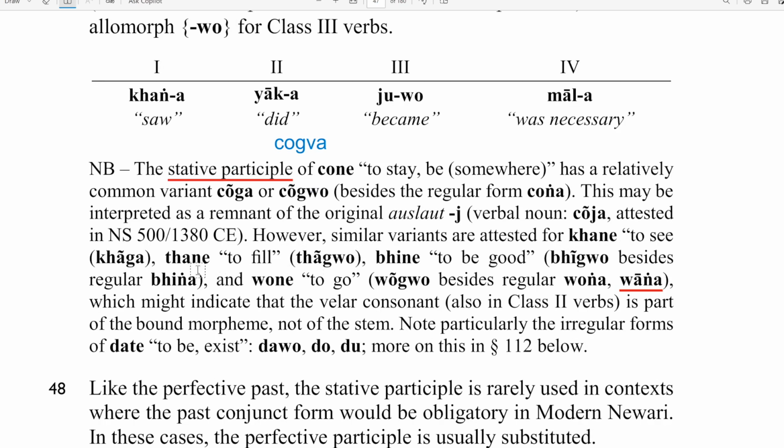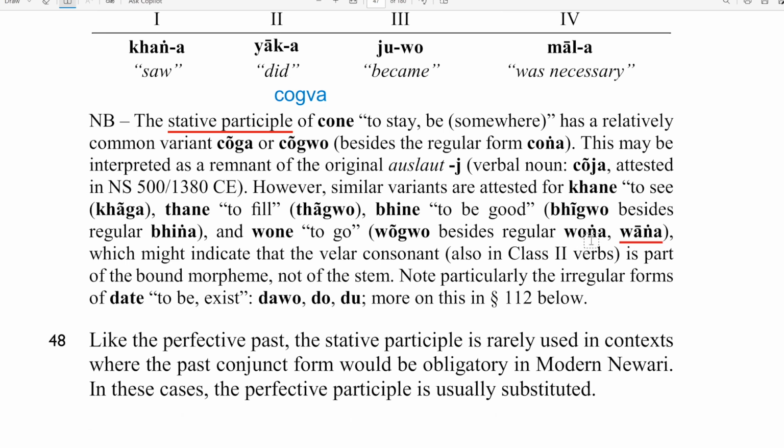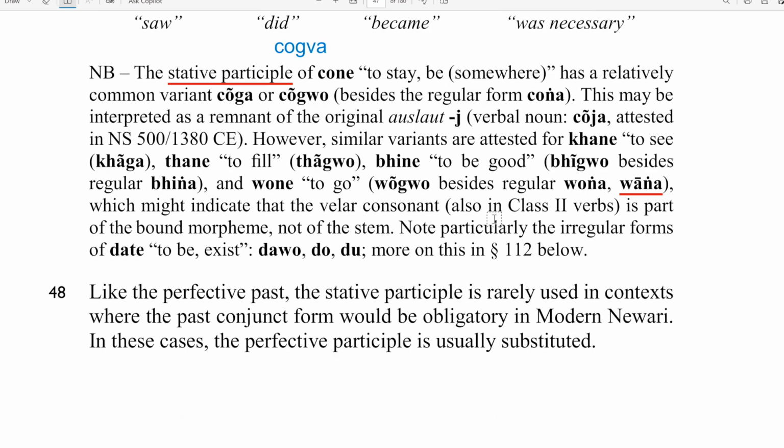And for Tanay, we have some like Tago, Hine is Tingo, Wone is Wongo, but the more regular ones are Wonga and Manga. And the most common form, extensively found in Newar, is do. This is a perfective stative participle of to exist.